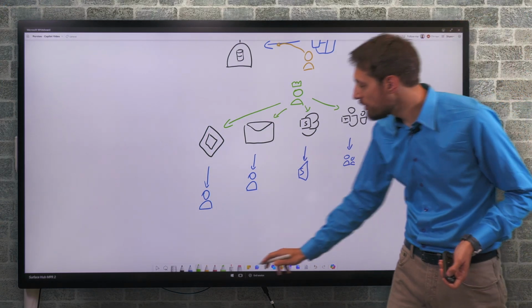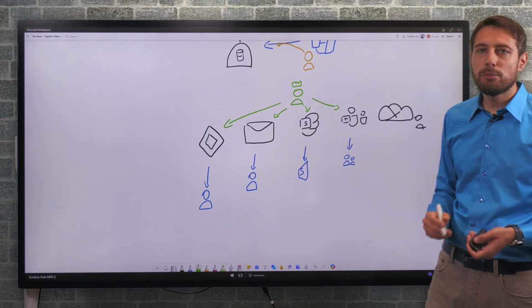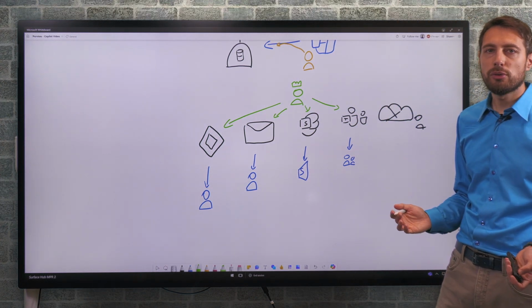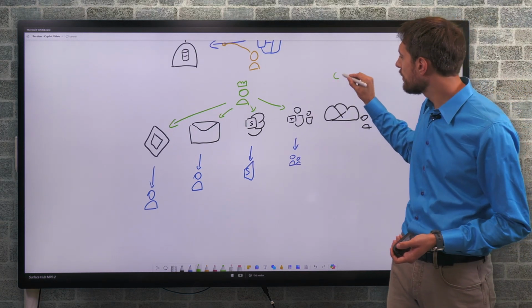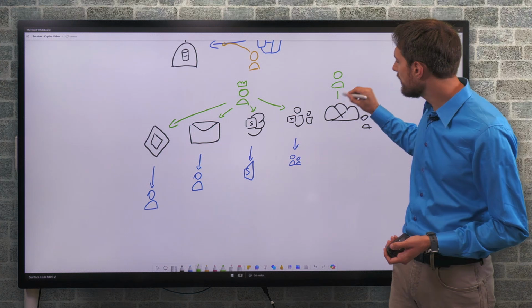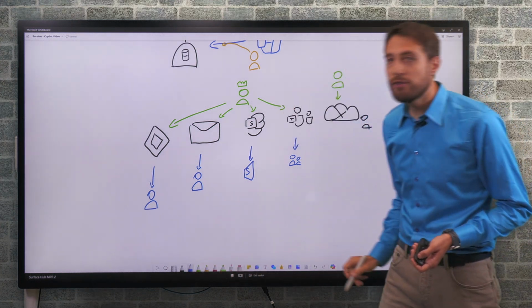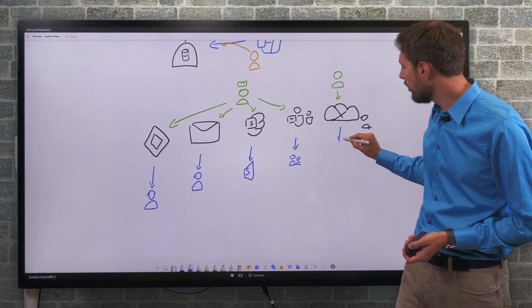And finally, OneDrive. This system offers cloud storage to each user, which they can manage on their own. Therefore, the users themselves are the ones who should review accesses to their own files.